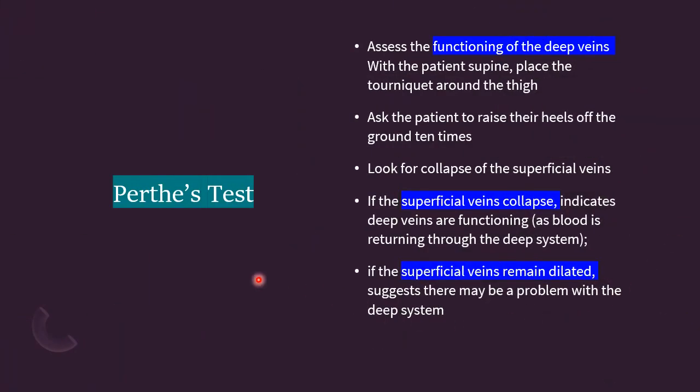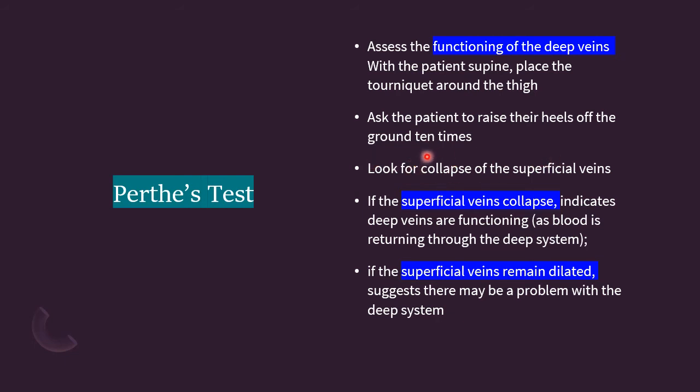Next, we come to the Perthes test. This is to assess the functioning of the deep veins, whether the deep veins are patent. With the patient again supine, place the tourniquet around the thigh. Ask the patient to raise their heels off the ground 10 times.